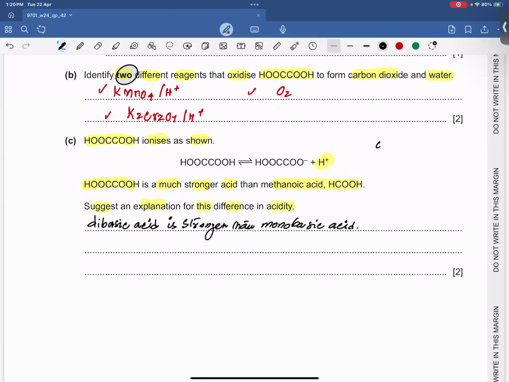Now look at the structure of ethane dioic acid. It is an electron withdrawing group. So when it withdraws the electrons, obviously this carbon becomes electron deficient. To neutralize the positive charge of the carbonyl carbon, it pulls the electron from the oxygen atom, making oxygen electron deficient.